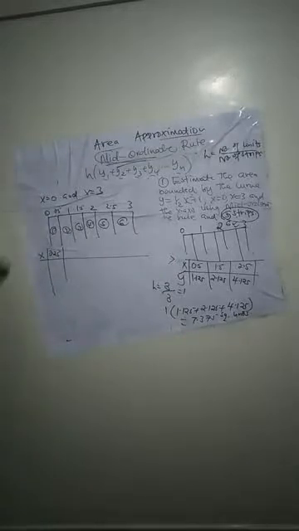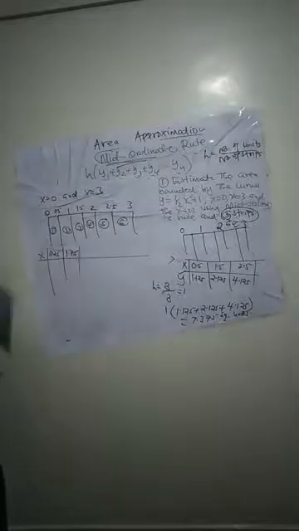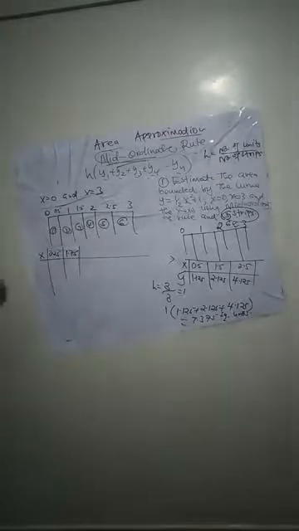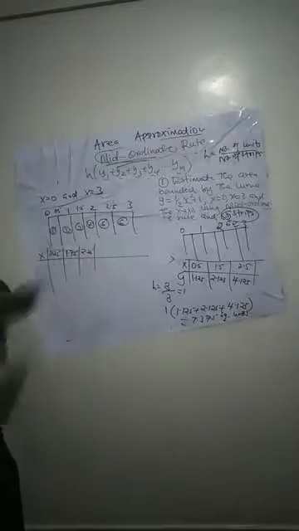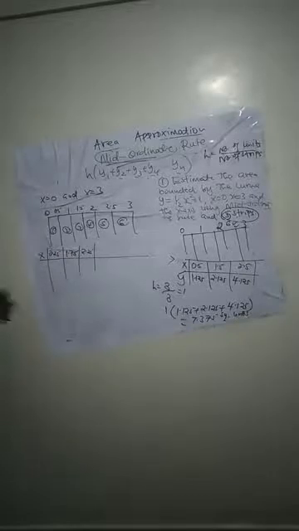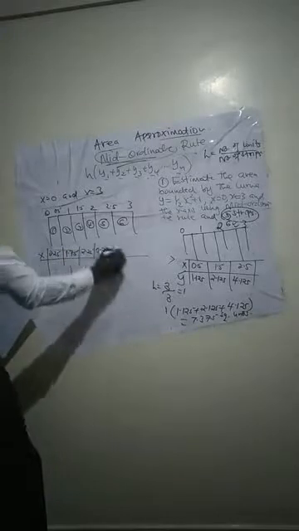You need to divide that further by 2 to get 0.75. Do the same thing for the next one. 1 plus 1.5, you get 2.5. You divide by 2, that should give you 1.25. You have 1.5 again plus 2, you have 3.5. 3.5 divided by 2, that should give you 1.75, etc.